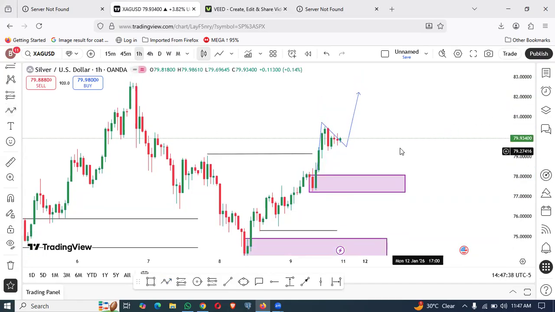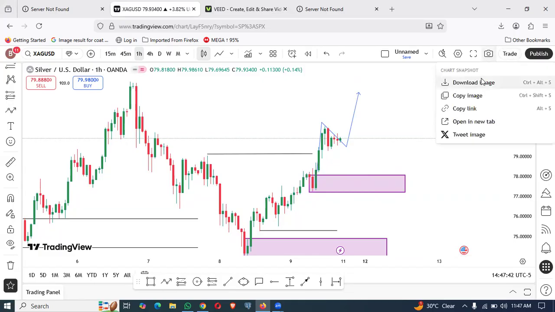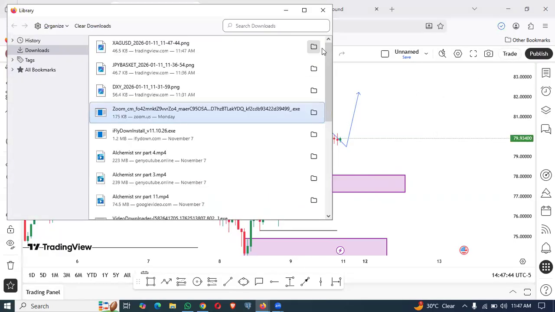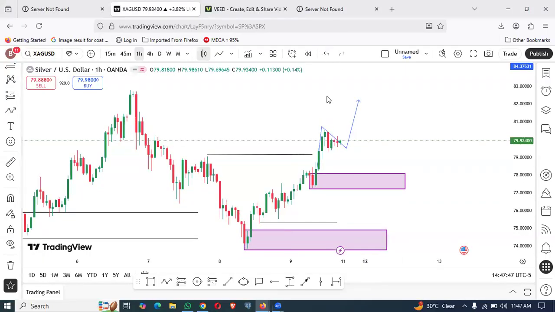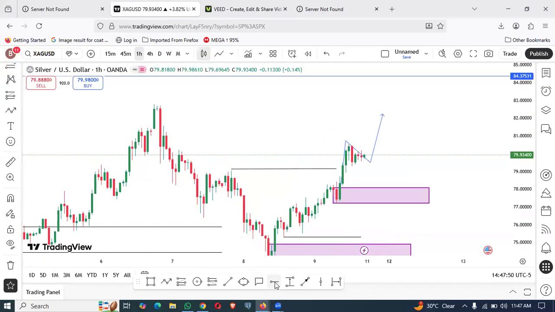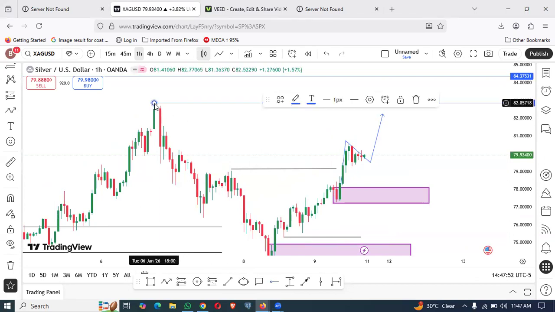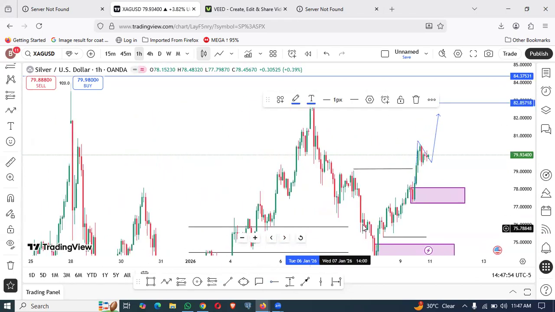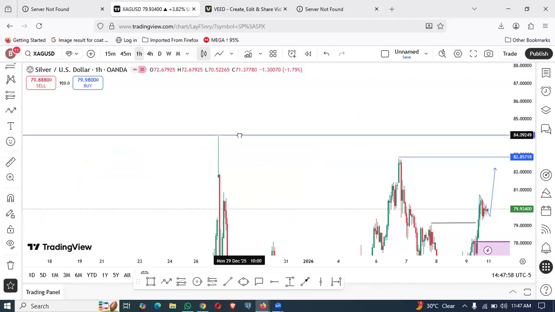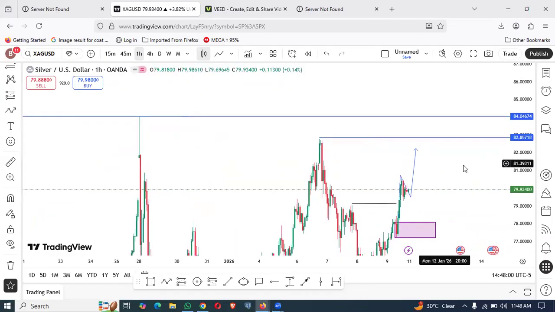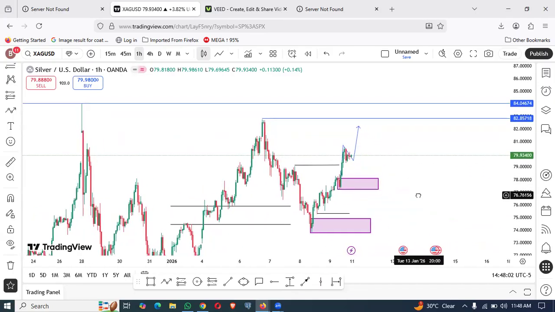Then this block will be valid. Any questions? Then this high will be your next target. Then that extreme we saw earlier will be the final target. Do you have any question?